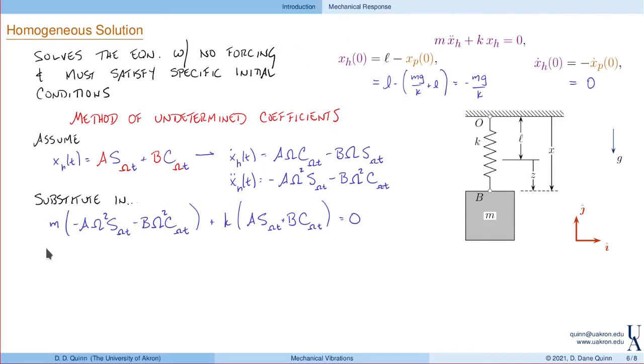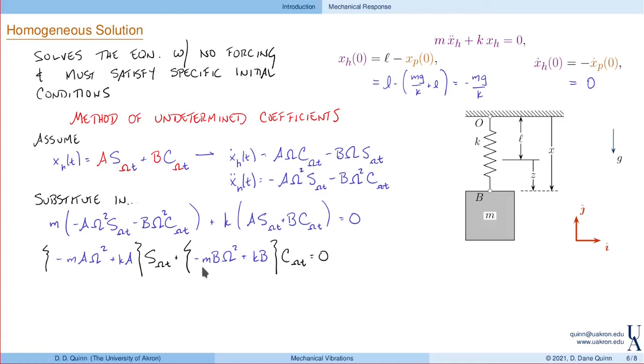So the coefficient of sine is minus m A omega squared from here plus k times A, sine omega t, and then the coefficient of cosine is minus m B omega squared plus k times B, equals 0.